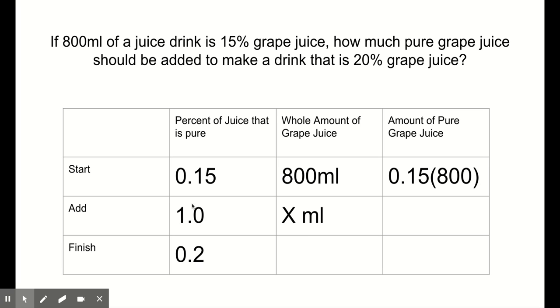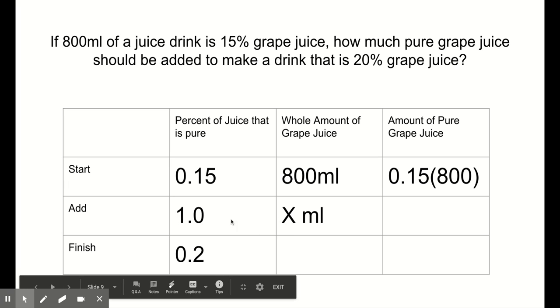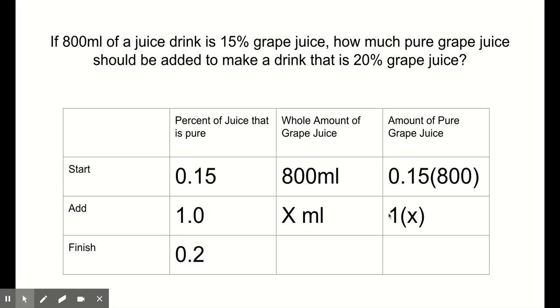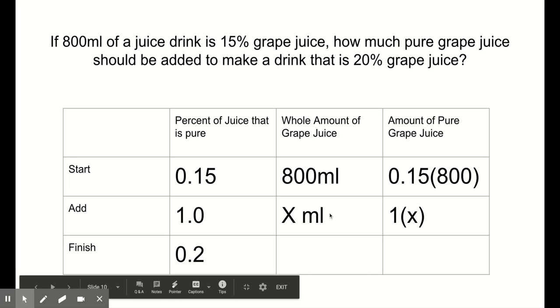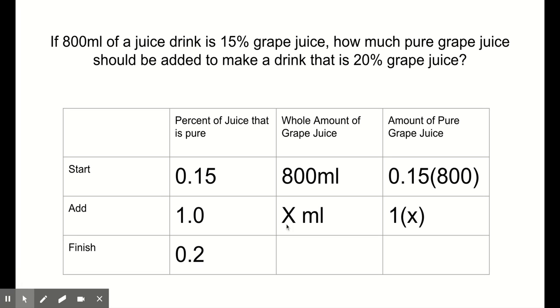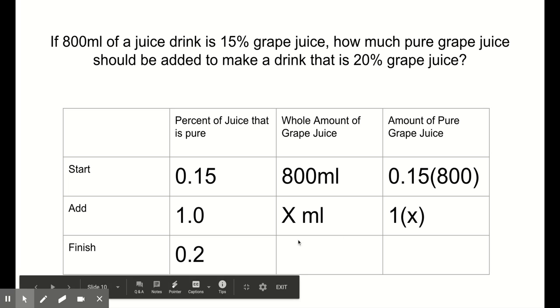We know it's 100% of x. 1 times x gives us 1x. We also know that in the second and third columns we can add these two rows together. If we have 800 milliliters of something and we add another x milliliters, we're going to end up with 800 plus x milliliters.